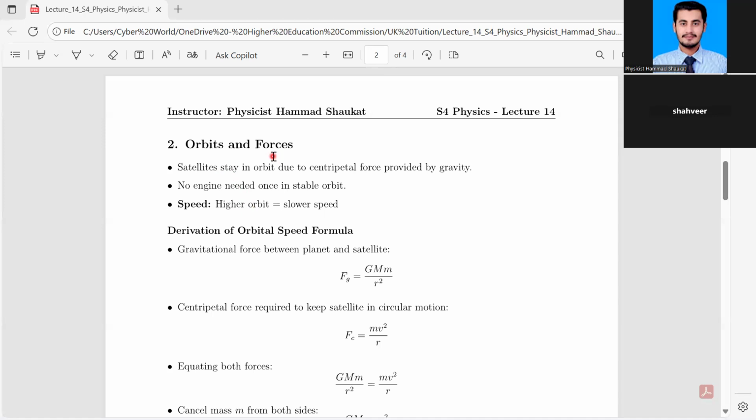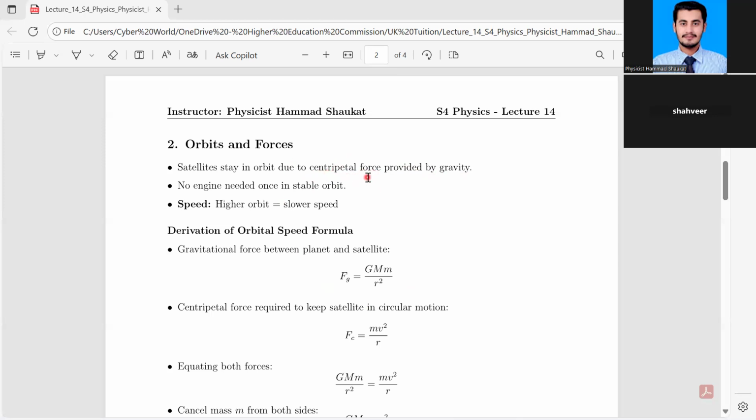Satellites stay in orbit due to the centripetal force provided by gravity. As I mentioned before, once you launch the satellite into space, it does not need any more propulsion. Now it moves in a circular path, and this type of force is called the centripetal force.